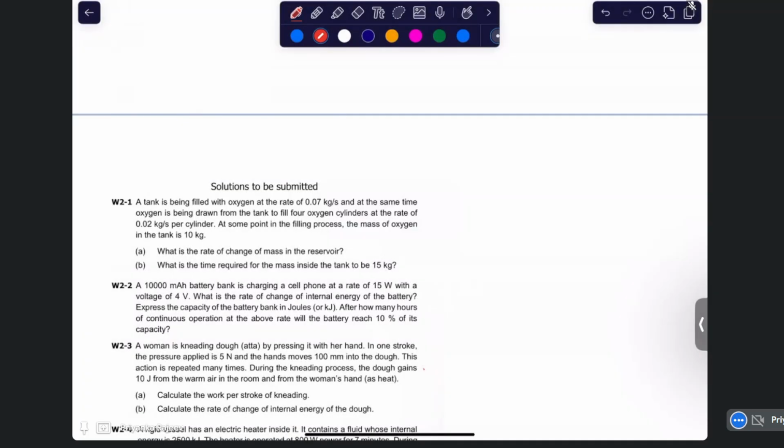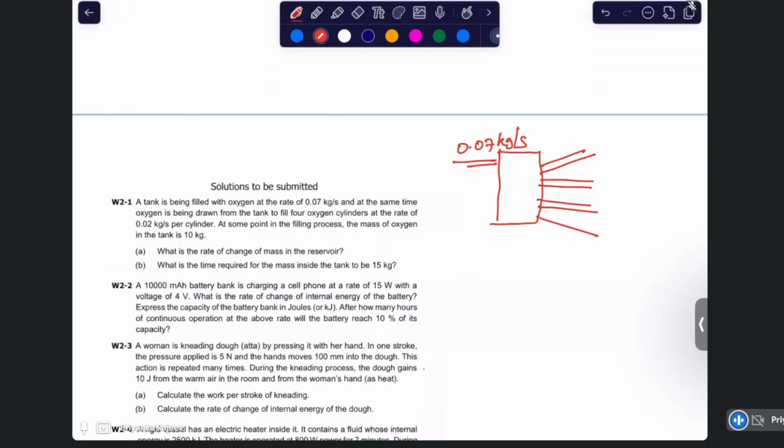Okay, so oxygen inflow rate, so this is the tank that we are talking about. Oxygen inflow rate is 0.07 kilogram per second. Then this is being given to 4 different cylinders from the tank at 0.02 kilogram per second per cylinder.